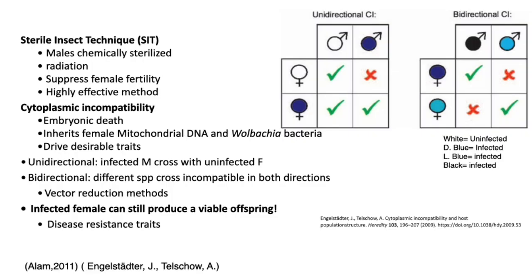So going back to our chart, the white is the uninfected, and the light blue and the black are infected, but with different strains of Wolbachia. Like we said, it does not matter if the female is infected. However, if her strain is different from the male strain, it is going to cause the offspring to not be viable.